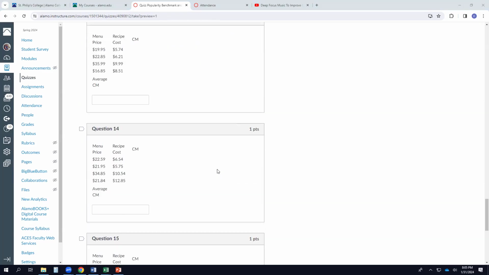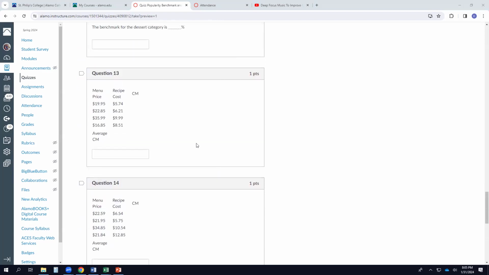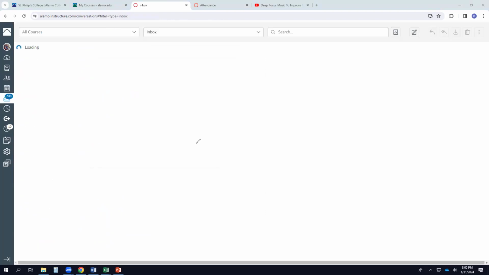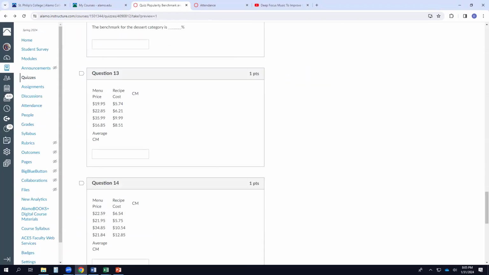Then 13, 14, 15, 16, this is going to ask for your average contribution margin. So you first, let's go back. You first have to subtract to find your contribution margins.